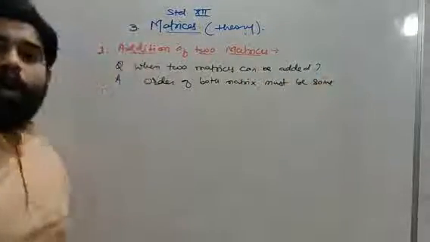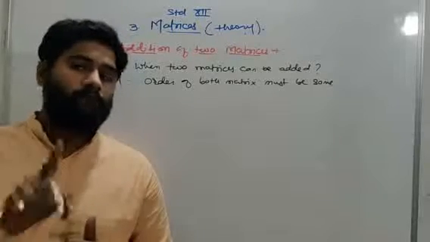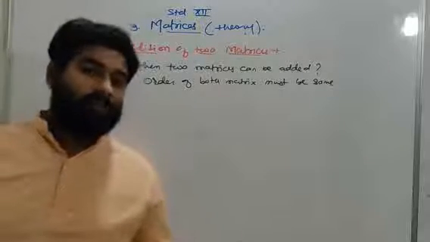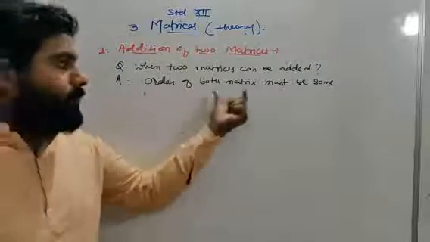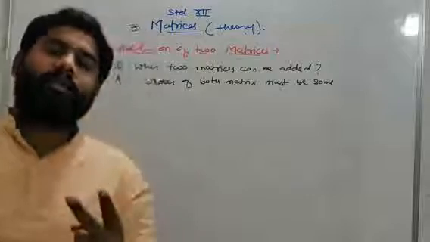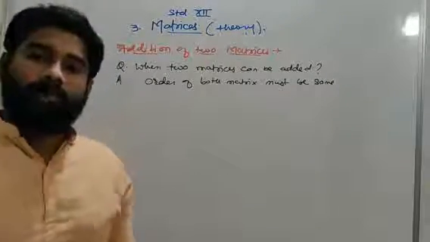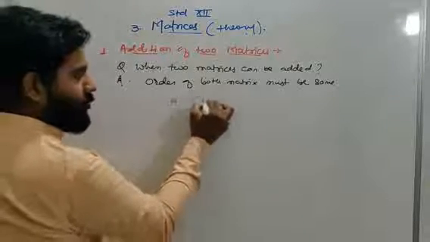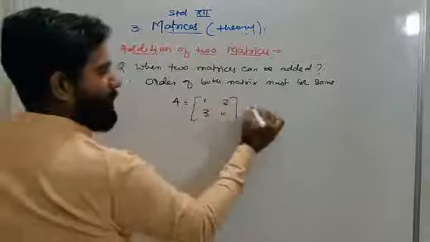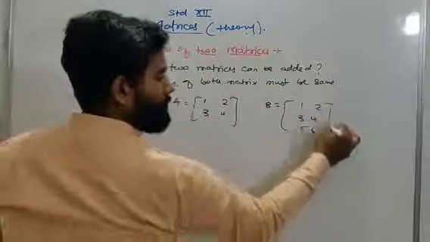You know all about what order is. If you don't know, just go to the previous video and learn what order is. If the order of the two matrices that you are adding is not the same, then addition is not possible. For example, take matrix A as 1, 2, 3, 4 and B as 1, 2, 3, 4, 5, 6.